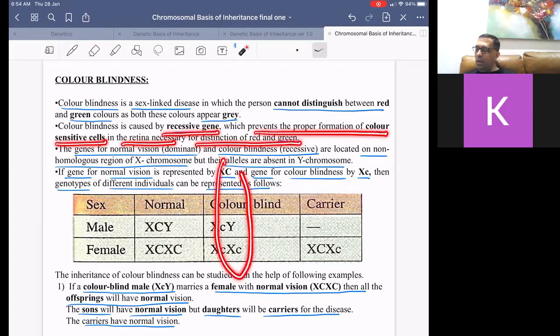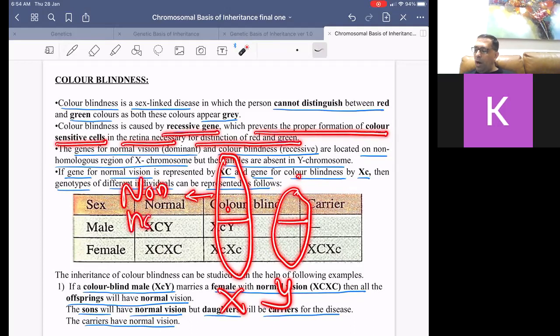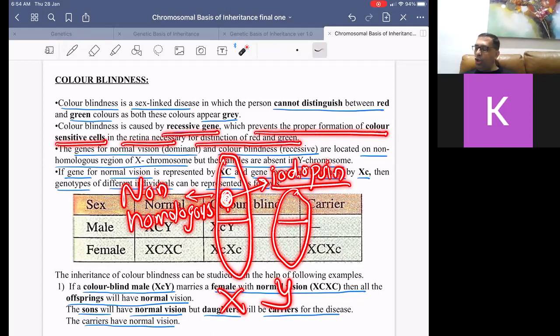If you remember, this is the X chromosome and this is the Y chromosome. On the non-homologous part of the X chromosome is the gene for iodopsin, and iodopsin is the pigment which helps in formation of cones, which are the color sensitive cells.